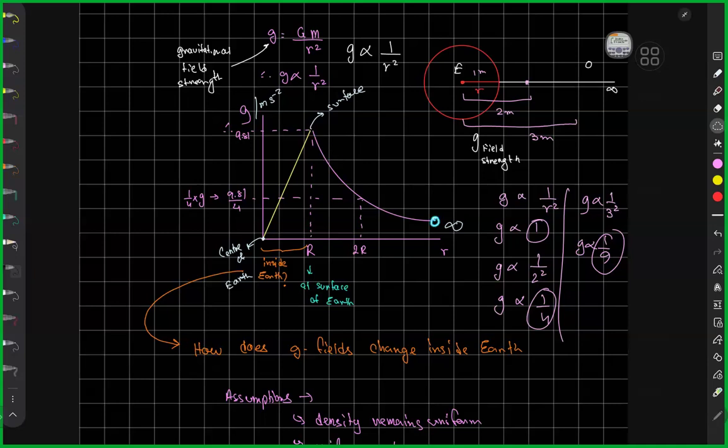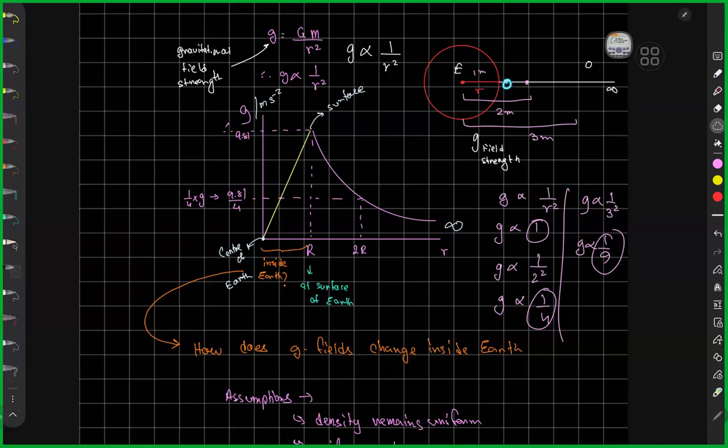till infinity changes. So where is the maximum force felt on any object? On the Earth's surface. So you can bet your money that if I have an object, 1 kg of mass or 100 kg of mass on the Earth's surface, it experiences the highest amount of force.